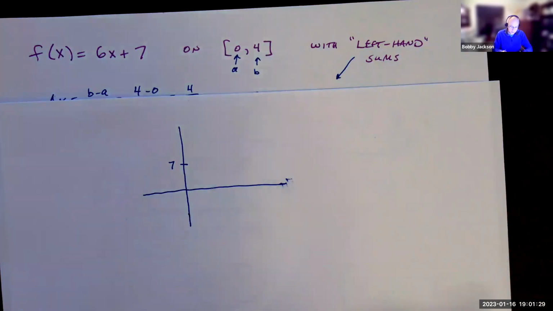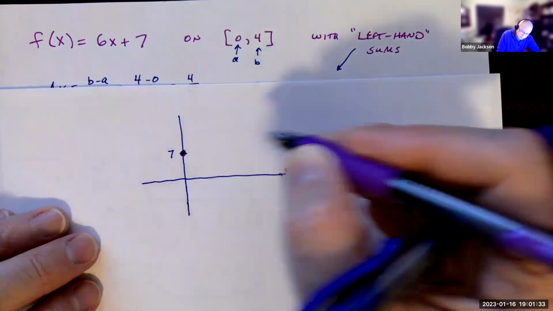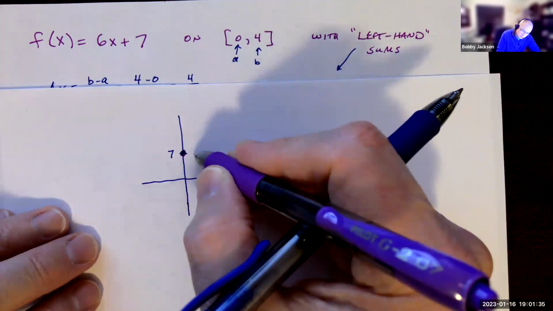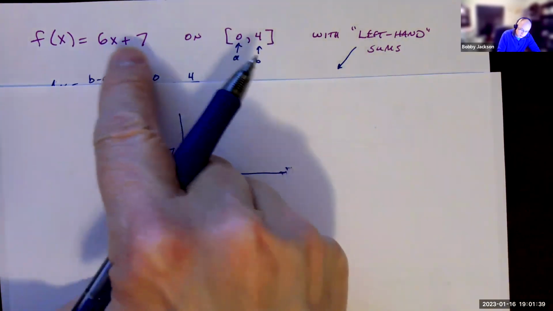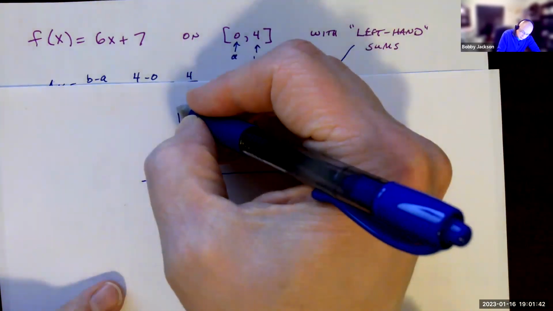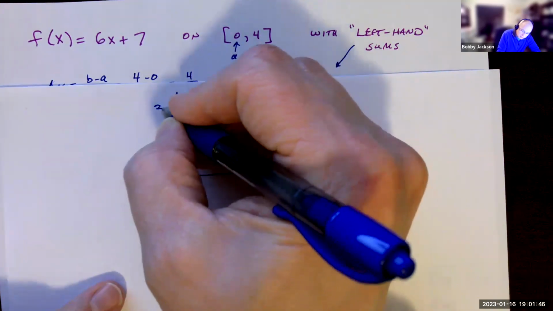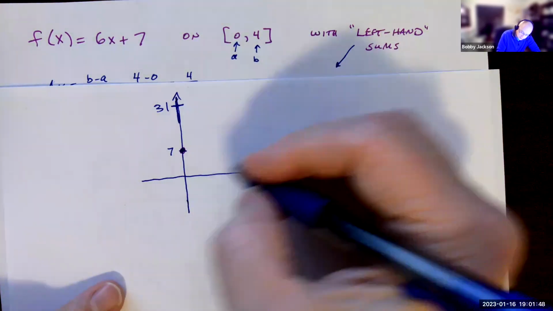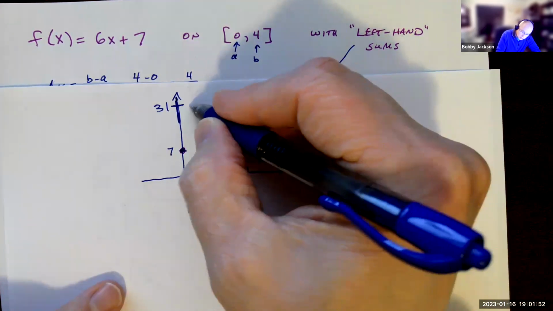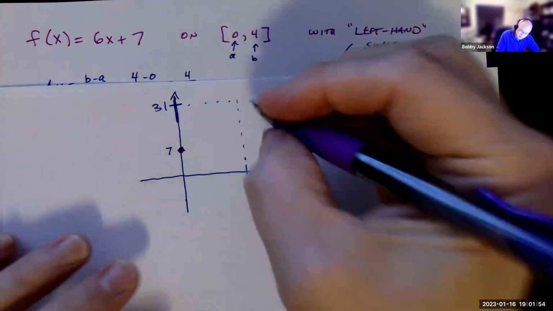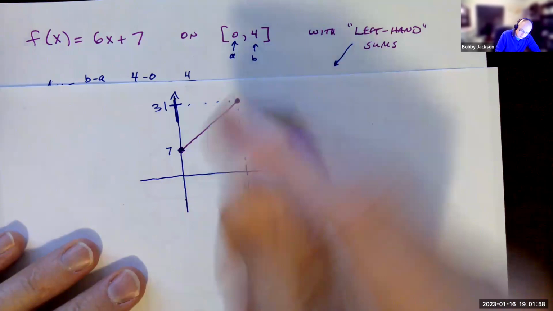And the slope is 6, right? 6x means we go over 1, go up 6, and so on. And by the time we get to 4, 6 times 4 is 24, plus 7 is 31. So we'll approximate 31 up here maybe. This is not necessarily to scale, and that's 4. So here's the graph just on the interval from 0 to 4.